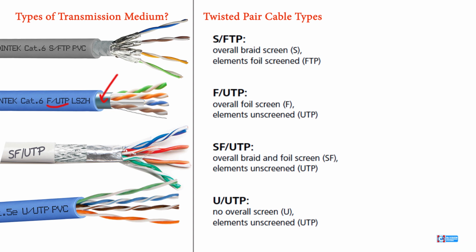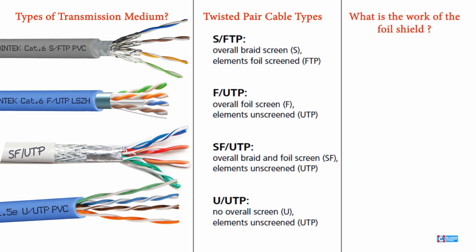However, it contains an outer foil shield. The SF/UTP means there is an overall braid foil and screen shield element around the unshielded twisted pair. The U/UTP means there is no overall shield and the twisted pair is unshielded. Another question you may be asking is, what does the foil shield do in these cable types?